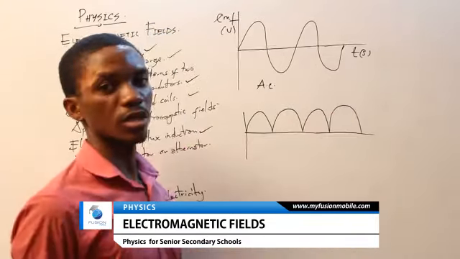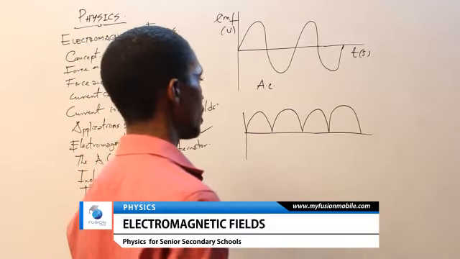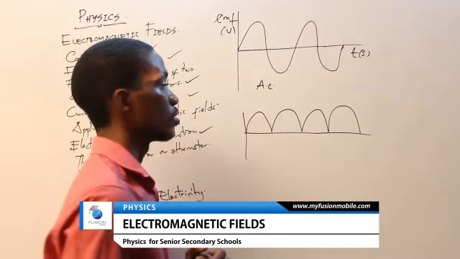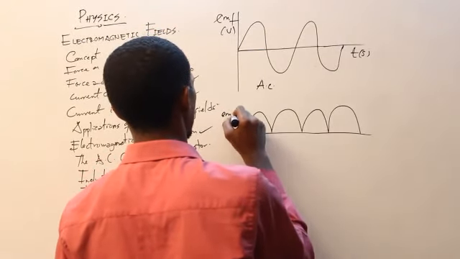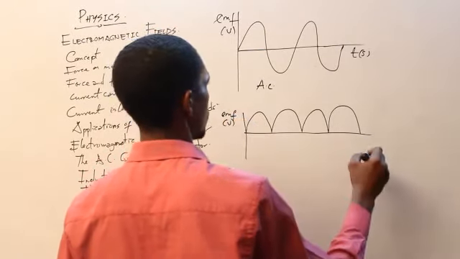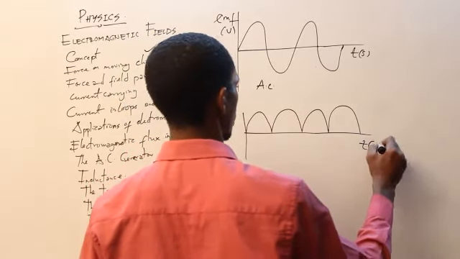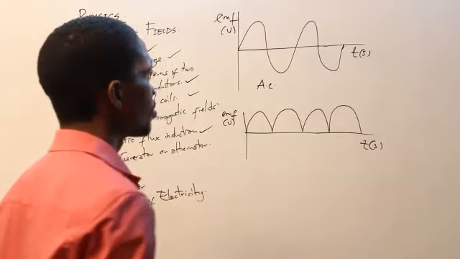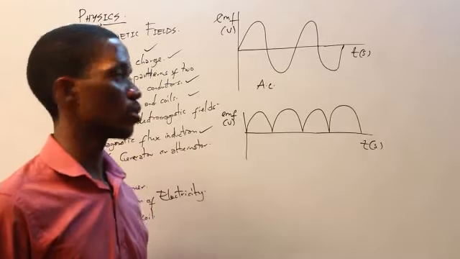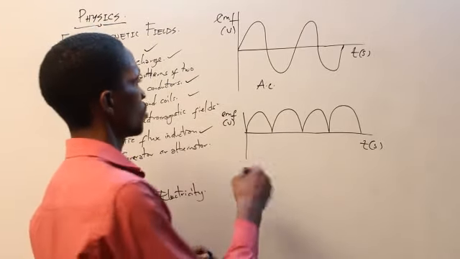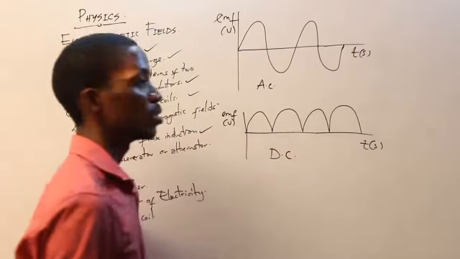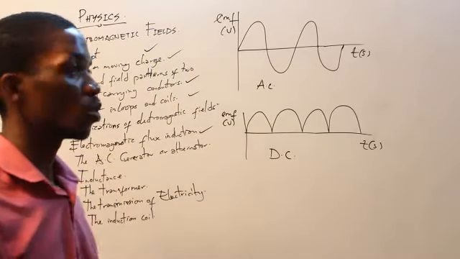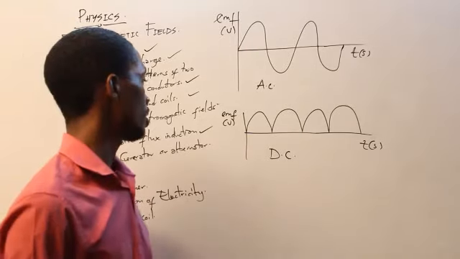It only produces along one side of the diagram. So your AC produces in both directions, that is up and down. Your DC only produces in one particular direction.